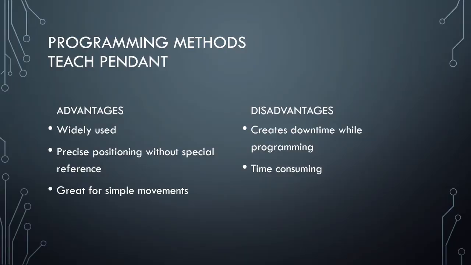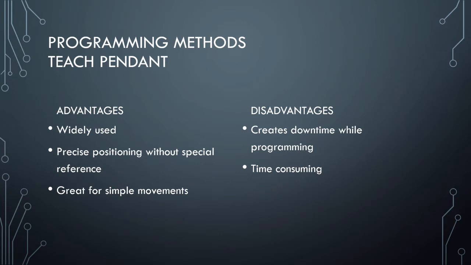Some of the advantages and disadvantages of the teach pendant are covered here. This is a pretty basic system, so there's not a lot of either. The advantage is that teach pendants are widely used for a lot of different kinds of robots and machining, so they're very common. You can get decently precise positioning without a special reference point.